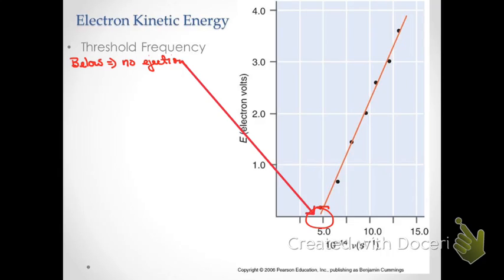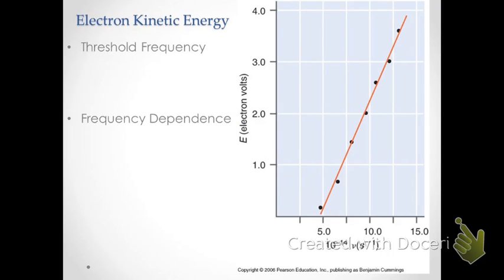So if we have a frequency less than the minimum value here, then we'll see nothing. No electrons are ejected. But once we reach the threshold frequency, we'll find that the electrons are ejected, and that the kinetic energy of those electrons is linear with the frequency itself. And that's a very important effect.